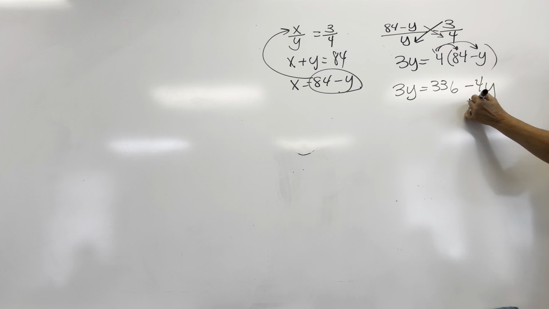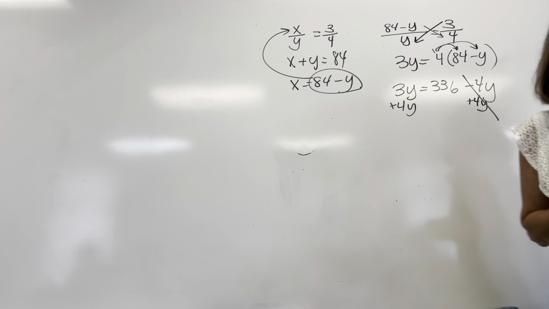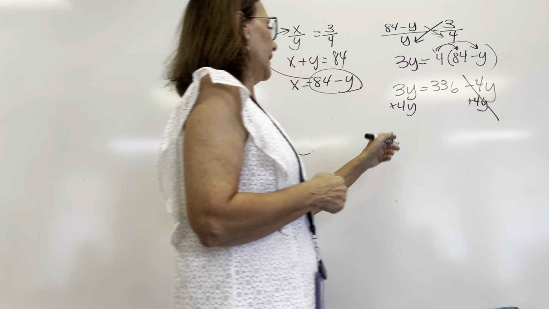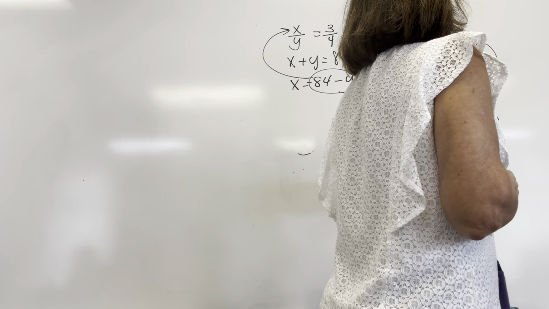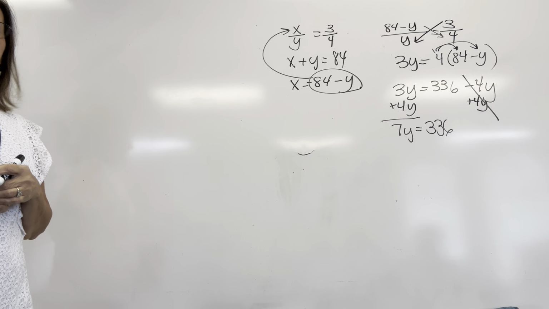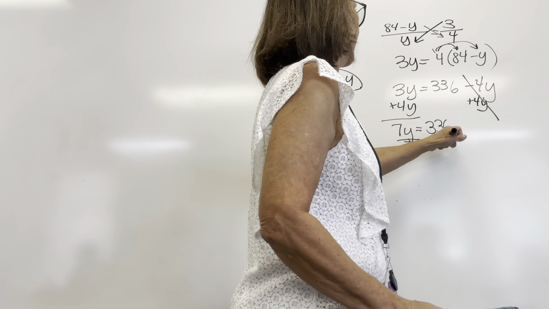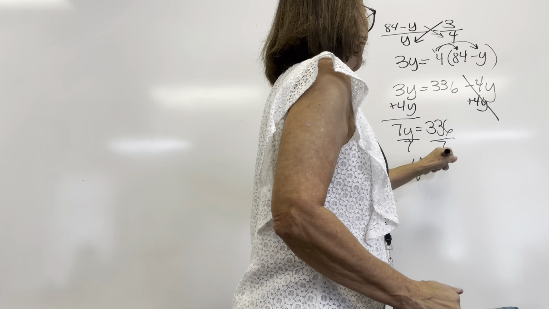I'm going to add 4y to both sides, and I end up with 7y equals 336. Then I divide both sides by 7. What's y? 48.